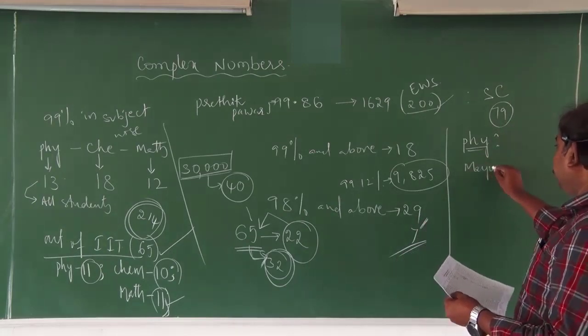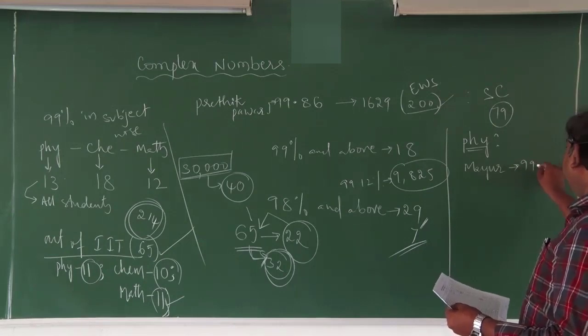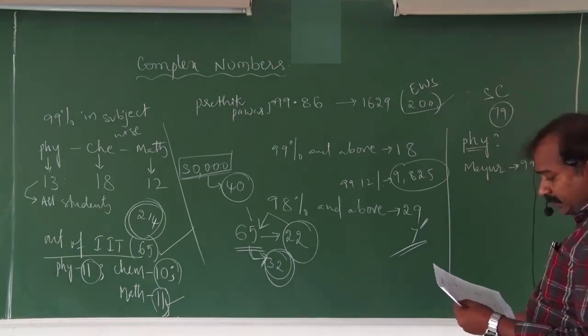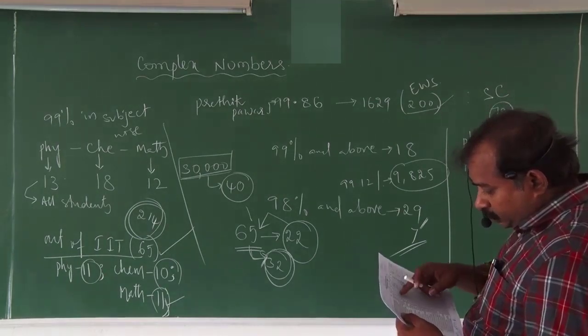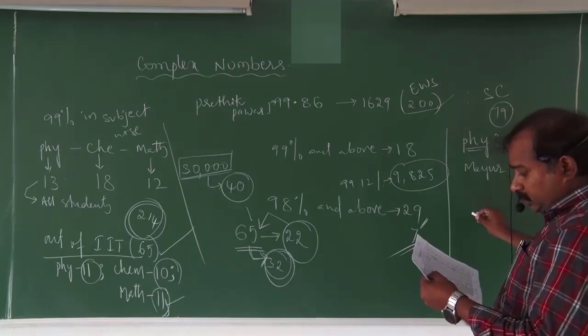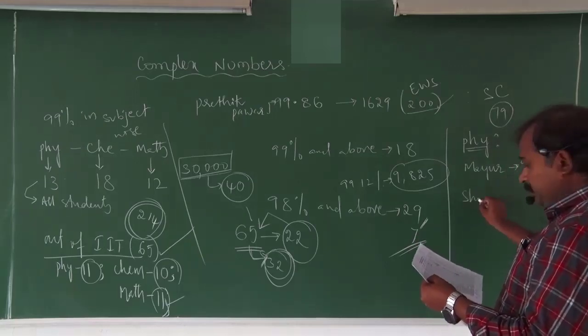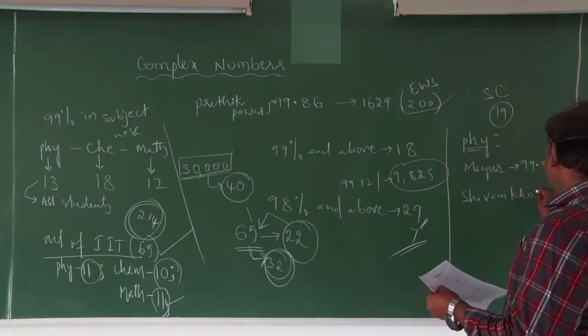Mayur, one student is there. This student got 99.99 percentile in physics. In addition to that, Shivam Kose, one more student is there.